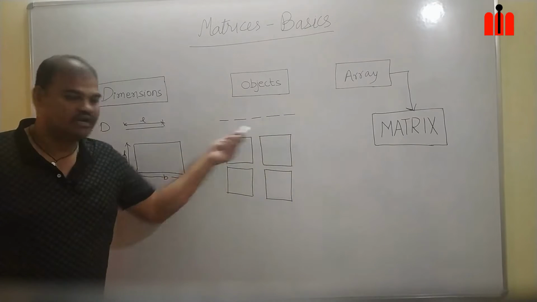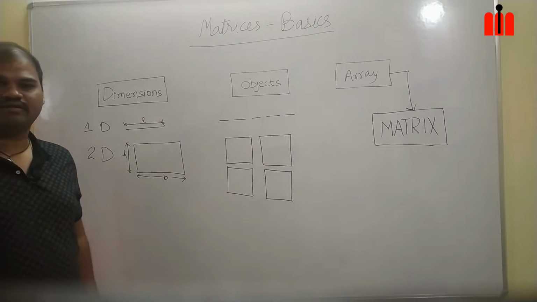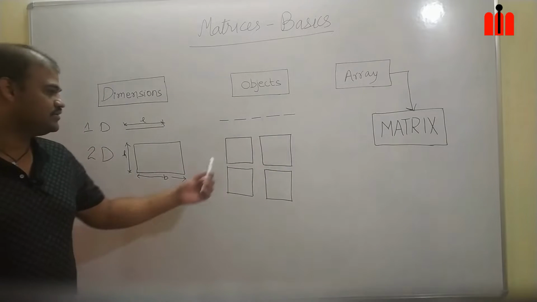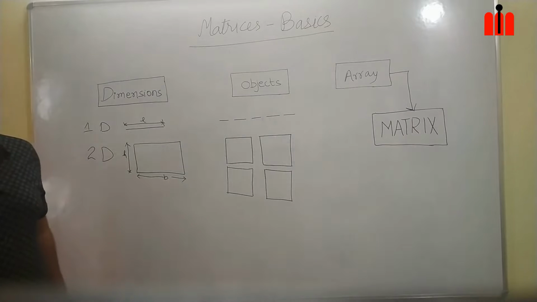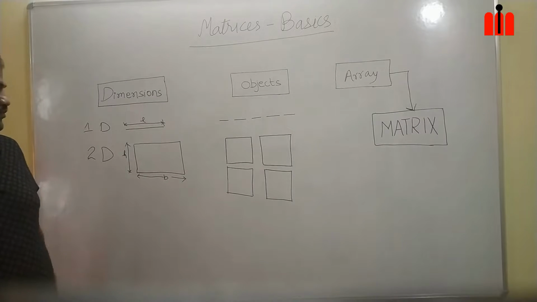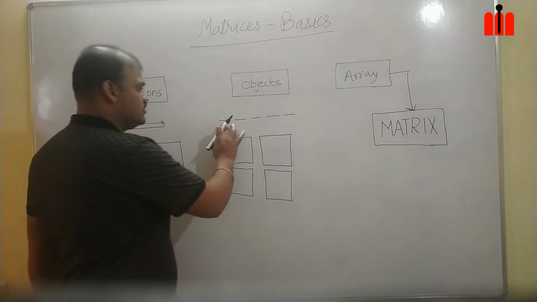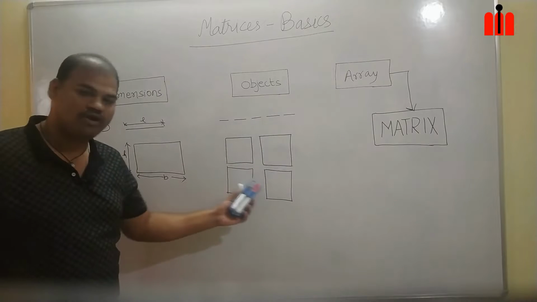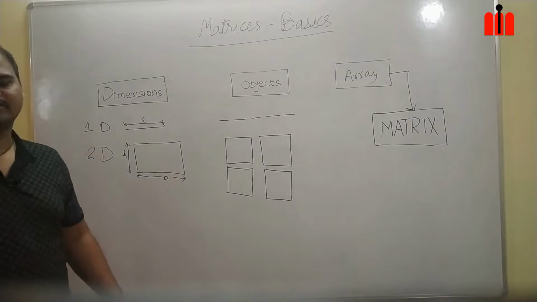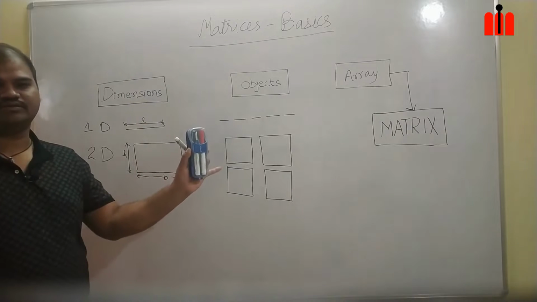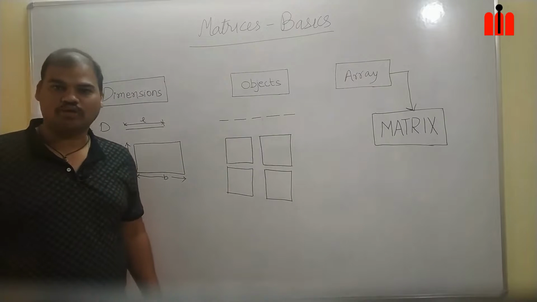Earlier it was a continuous rectangle. Now we have made a discrete number of objects. These are number of lines. These are number of rectangles clustered in a group. That is the objects.